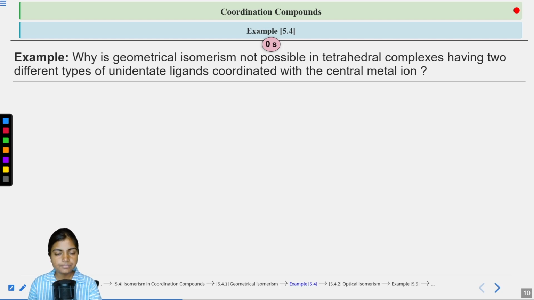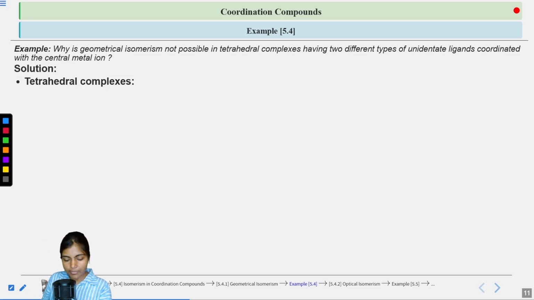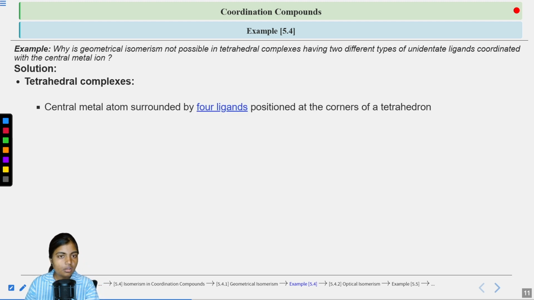Okay, let's see. For this given example, let's first of all understand tetrahedral complexes. The central metal atom is surrounded by four ligands that are positioned at the corners of a tetrahedron.